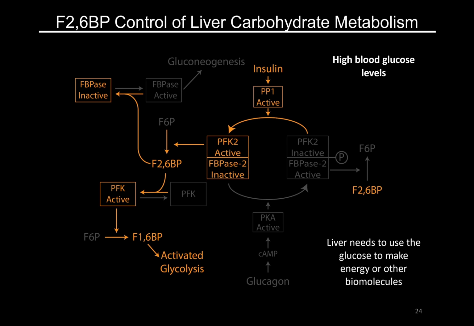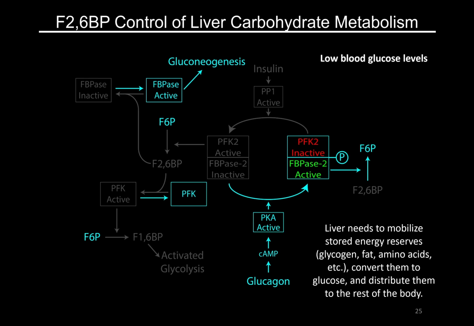The phosphatase that's produced when insulin is secreted, its role is to remove the phosphate from this enzyme, which activates the kinase domain, right? That's counterintuitive. The phosphatase activates the kinase. But when the kinase is active, we are making F26BP. Gluconeogenesis is inhibited, glycolysis is activated. Okay?